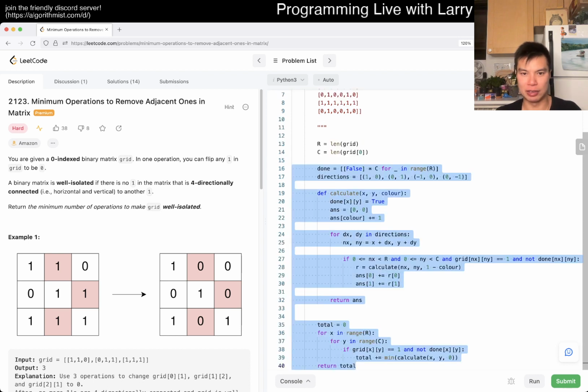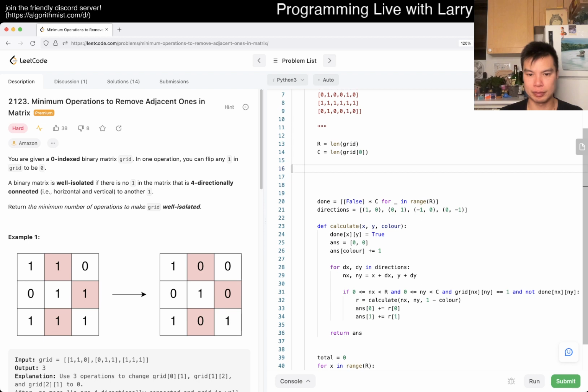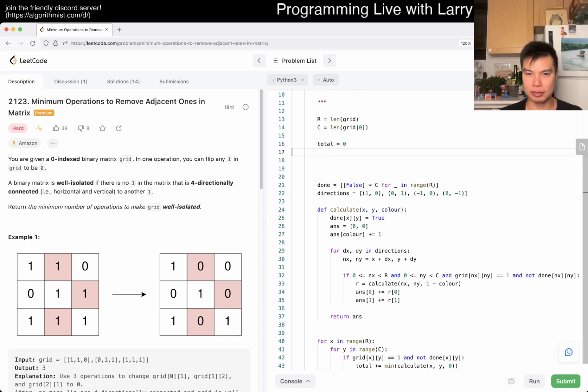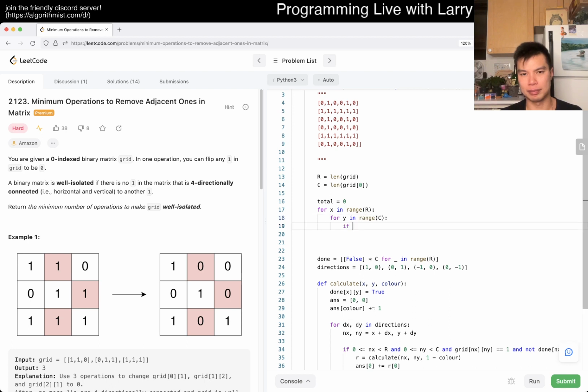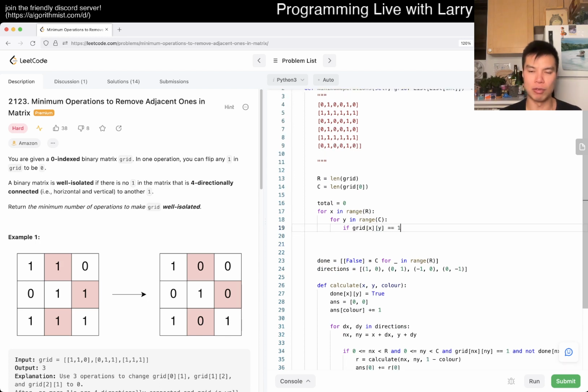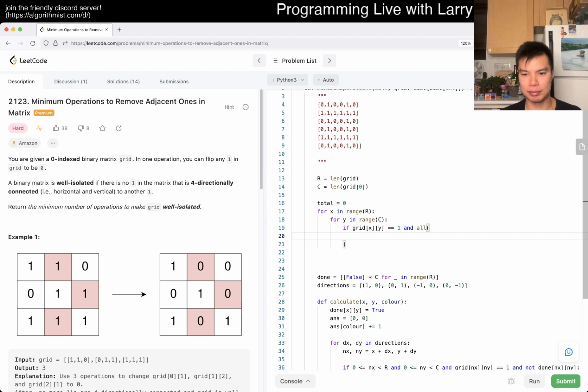What if I just do something greedy like a pre-filtering: if grid of xy is equal to 1 and, for dx, dy in directions, and all adjacent, then grid of xy is equal to 0 and total increments by 1.